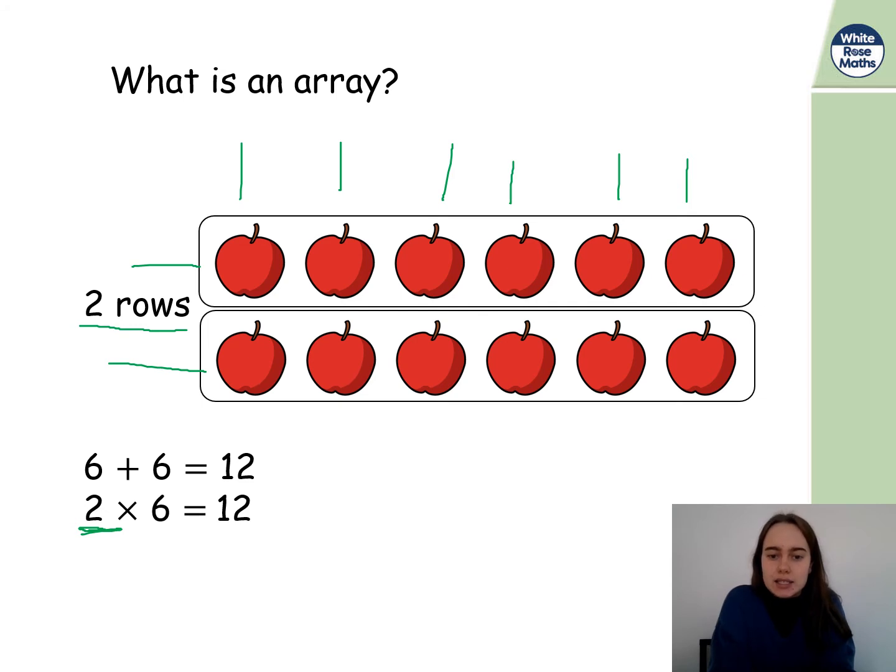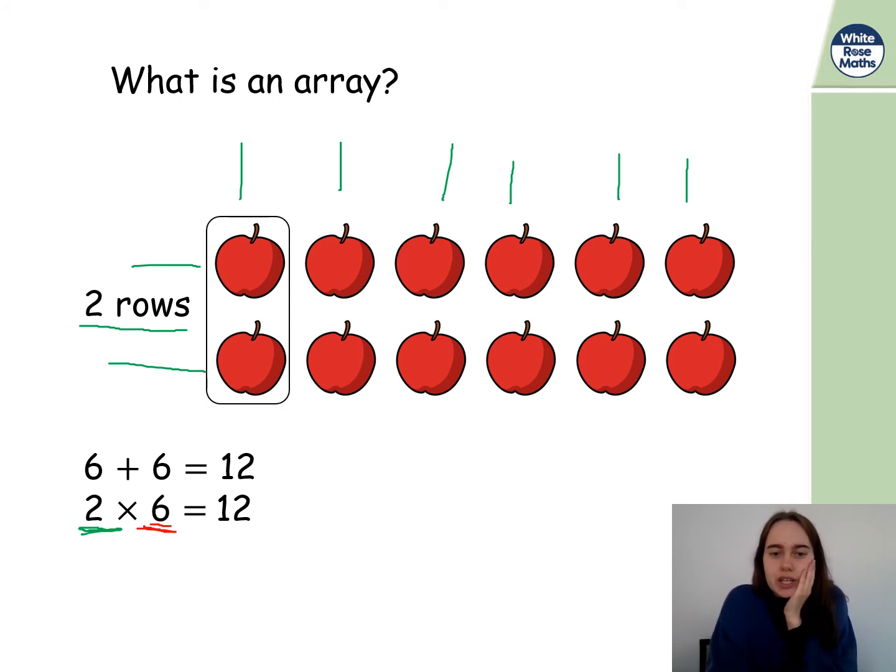And the 6 here shows me the amount that I have in each row. So that's the same as saying there are 2 groups of 6, or there are 2 lots of 6. 2 multiplied by 6, and that equals 12.